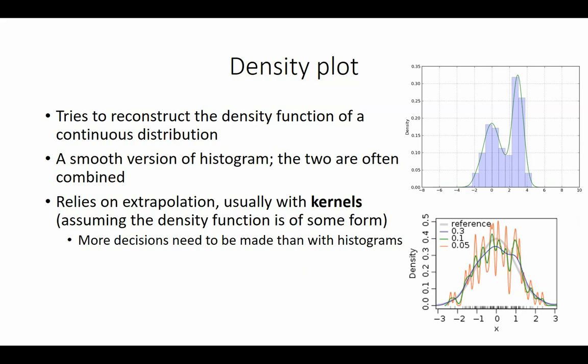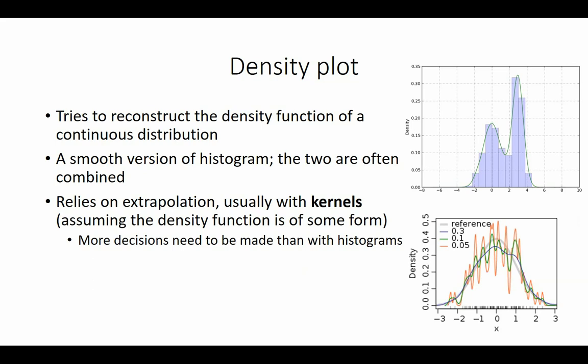So density plots look nicer and they're more compact, but they have a downside. The one important thing to understand about density plots is that, by definition, they necessarily rely on some kind of extrapolation. So that's already processing. That's already applying some theory on the data. That's not the raw values. That's not just pure samples. Typically that's done with kernels.